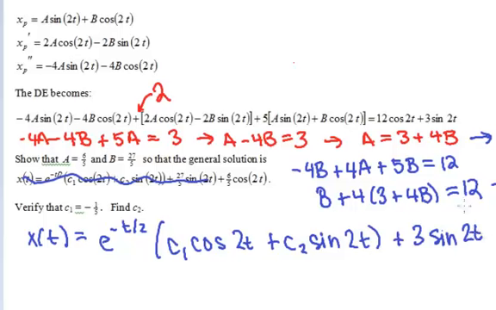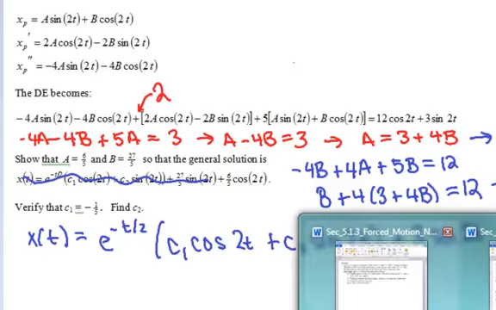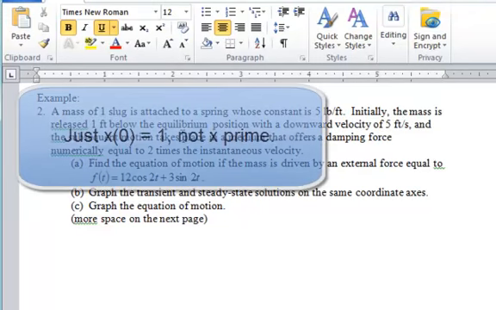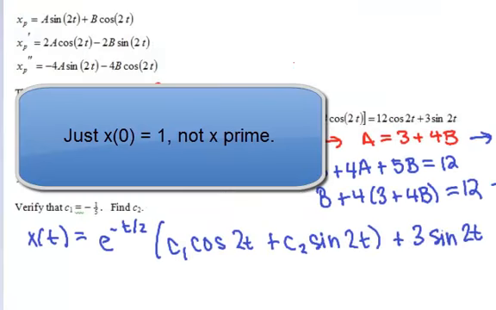And now we want to use our initial conditions, which were, so it was released 1 foot below equilibrium, so x of 0 was 1.